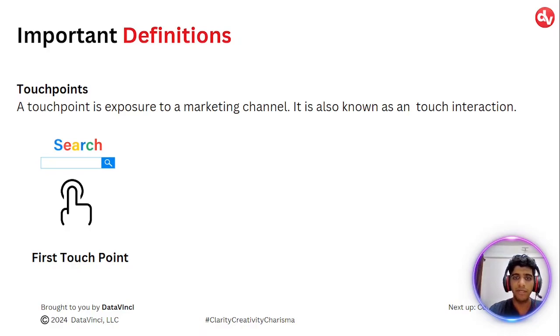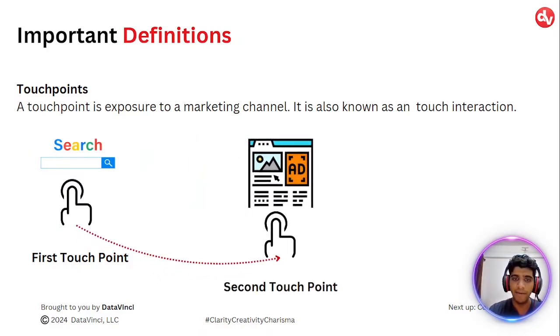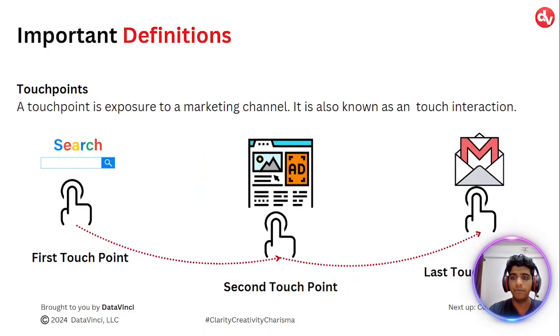Their second touch point maybe could be a display ad, and their final touch point could be the email click that they did through your email offers. So if this is a particular user's conversion path where they came through search, then a display ad, and then finally through an email, then this would be how the touch points would be lined up.